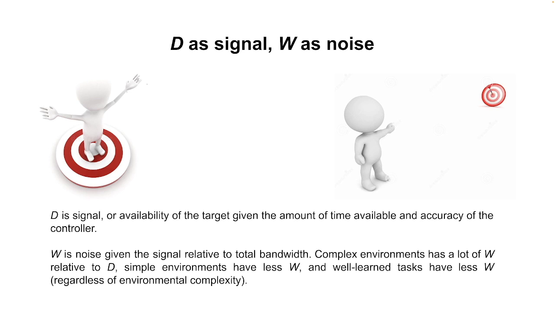And then well-learned tasks have less W, regardless of environmental complexity. So we have another factor here, which is learning and the ability to know exactly how to make that movement. You can think about this in terms of practicing darts. If you throw your darts at the board, you learn the movements that you need to make.